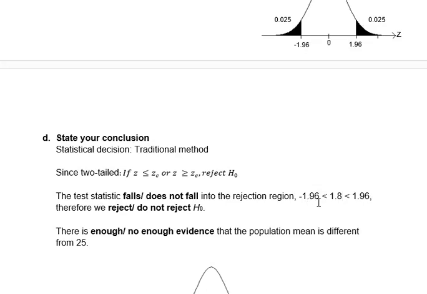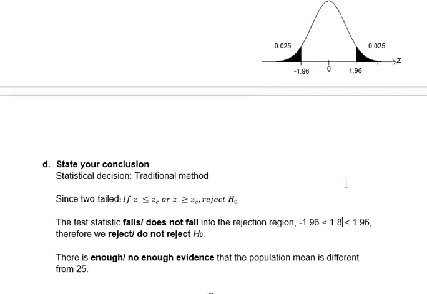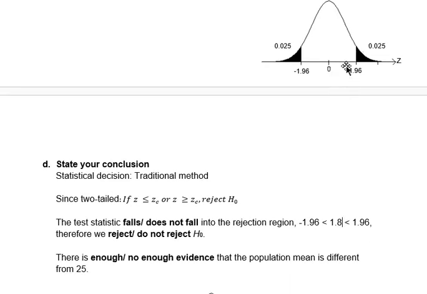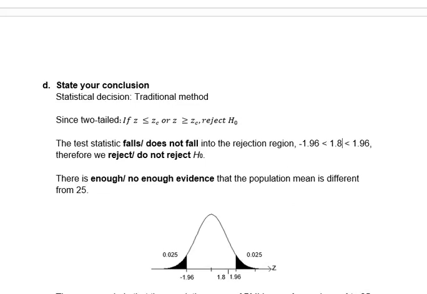So this is the Z critical value. Here it means that the test statistic is actually less than the critical value, so it's between them. If you see from the rejection regions, we are somewhere here, in the area of the non-rejection region.